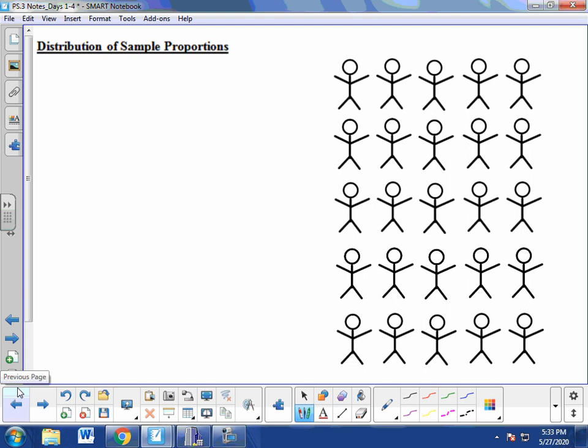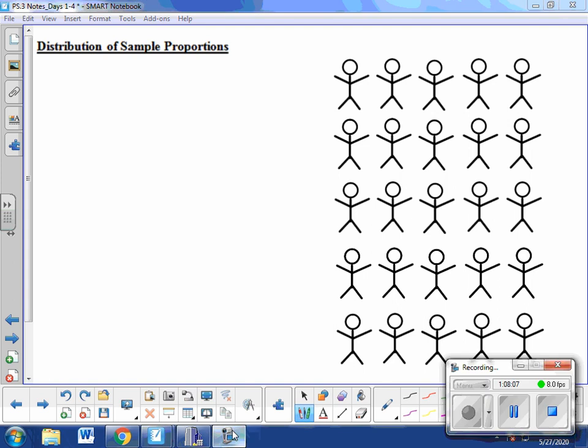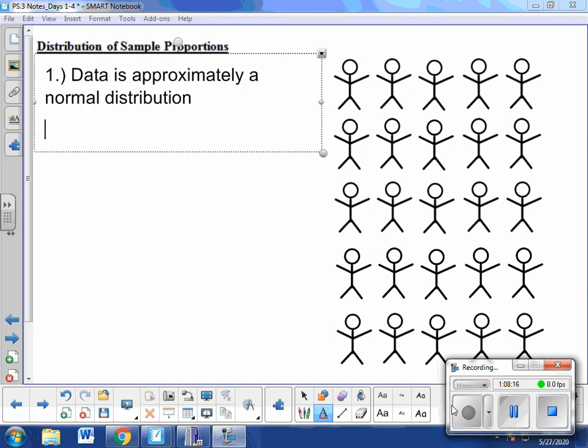Now, what we're going to find here is we want some things to be true. If our data is going to be good and accurate, there are 3 things that we look at that need to be true. The first thing is we want the data to be approximately a normal distribution. Depending on how many samples we take, how many simulations we run, eventually we want to gather enough information for the data to be approximately a normal distribution.